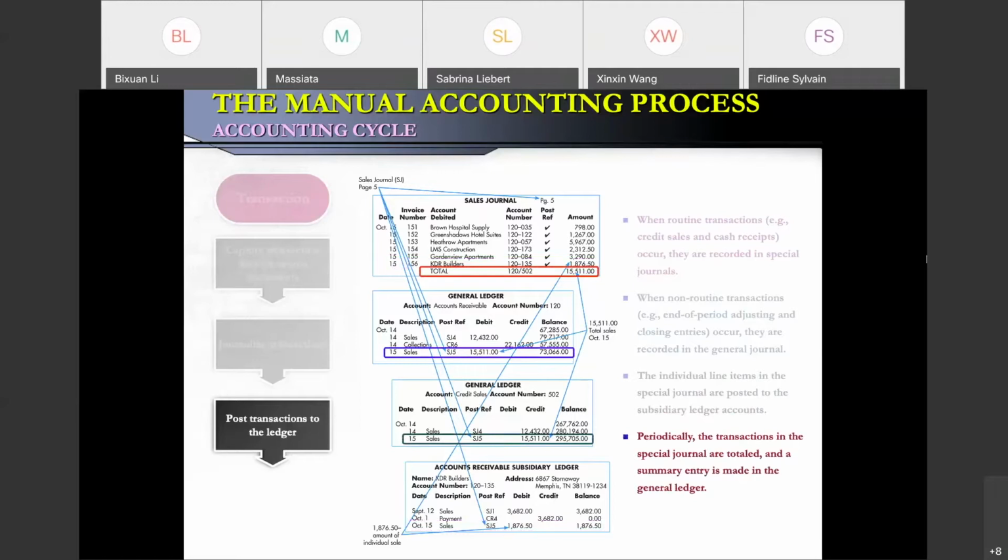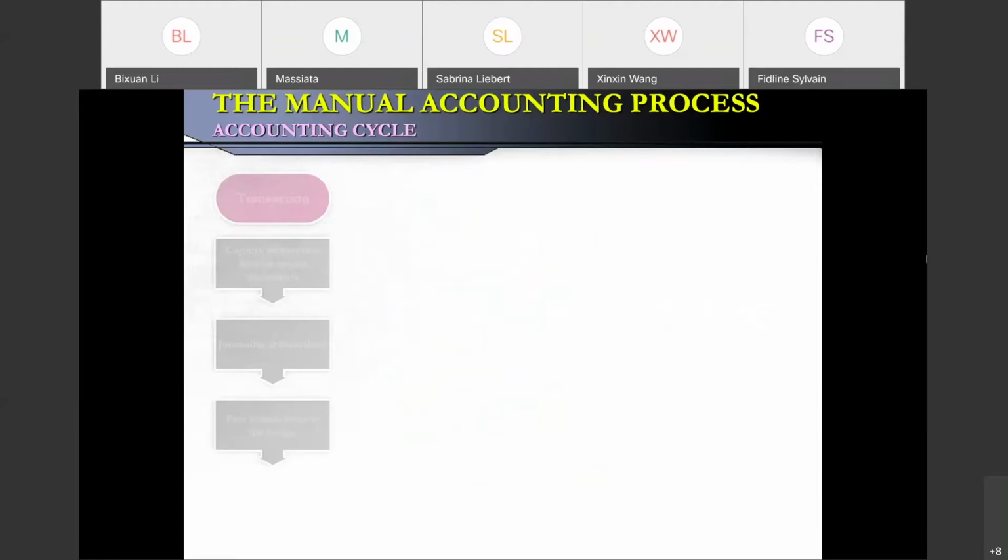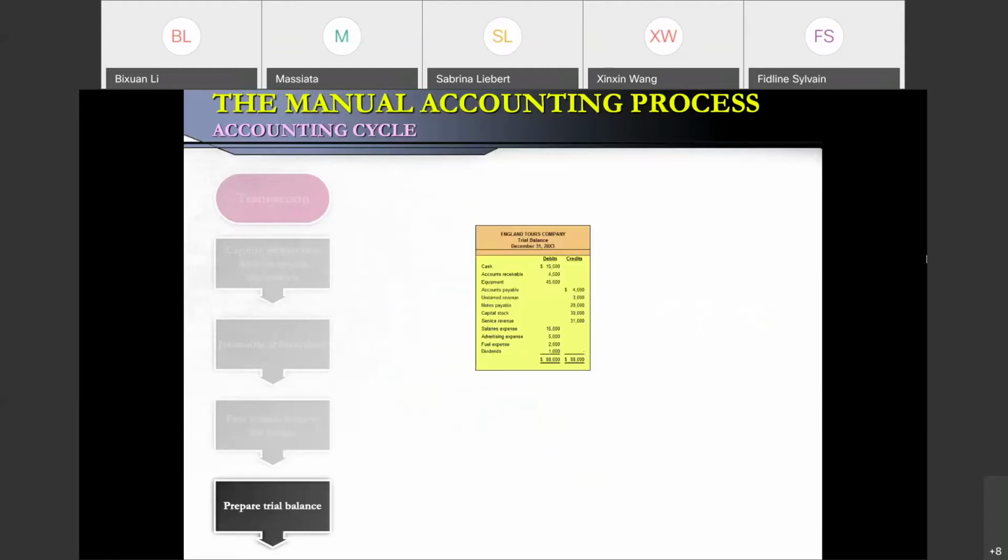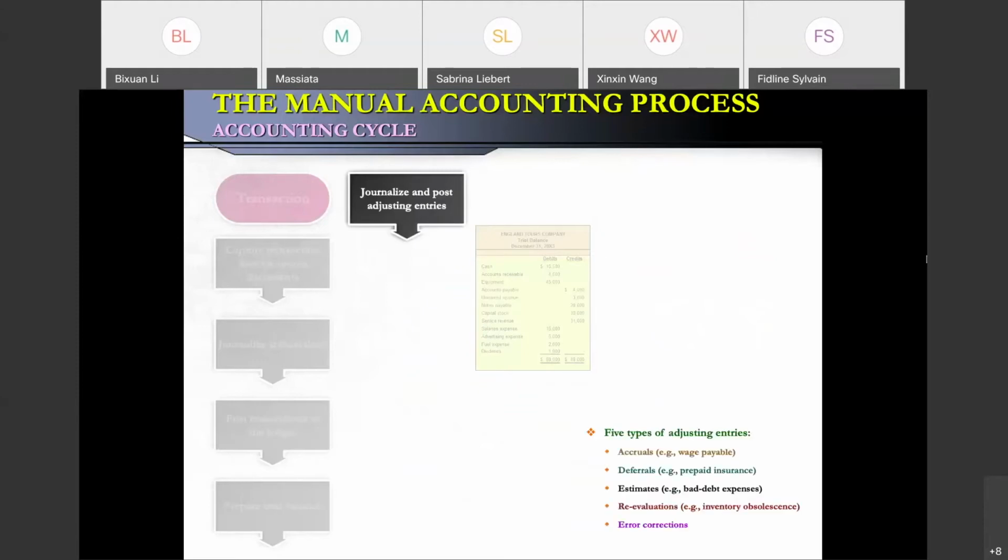Periodically, we total the special ledgers and post the summary entries to the general ledger, right? What is the next step? We prepare the trial balance. After preparing the trial balance, we need to journalize and post the adjusting entries, right?